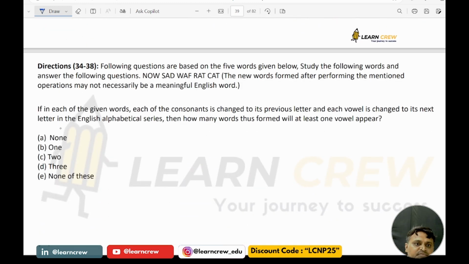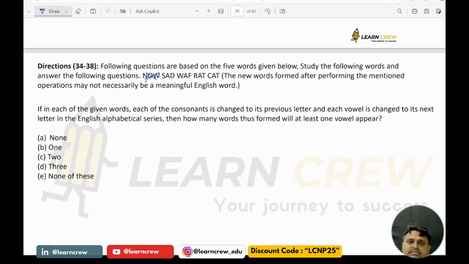Next, if in each of the given words, each of the consonants is changed to its previous letter and each vowel is changed to its next letter in the English alphabetical series, how many words thus formed will have at least one vowel? So now, a consonant is changed to previous, and a vowel is changed to its next.